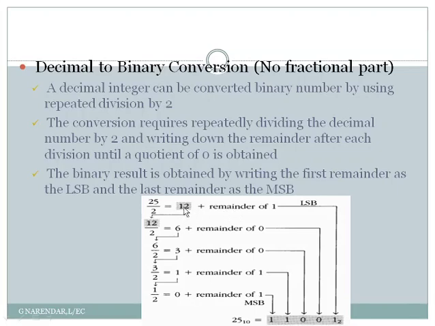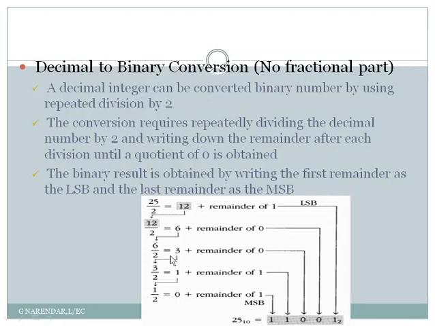Next, take this quotient and divide it by 2. This time you get the quotient 6 and the remainder 0. Continuing, the new division is 6 divided by 2, and you get a new quotient of 3 and the remainder is 0.